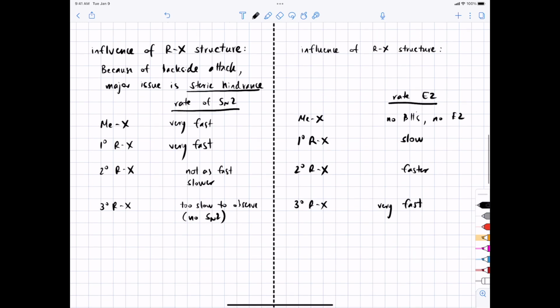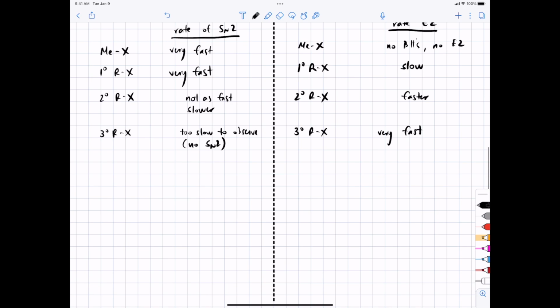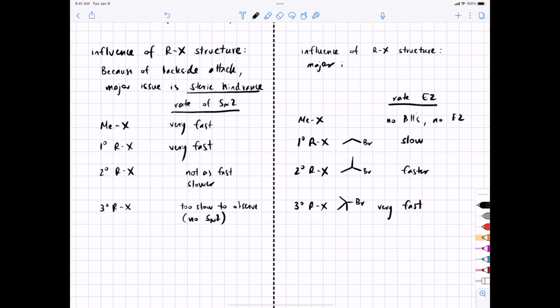And what is the major issue here? Well, there are two sorts of things that we need to talk about. The first is if you look at a primary alkyl halide versus a secondary alkyl halide versus a tertiary alkyl halide, there are more beta protons on tertiary alkyl halides.